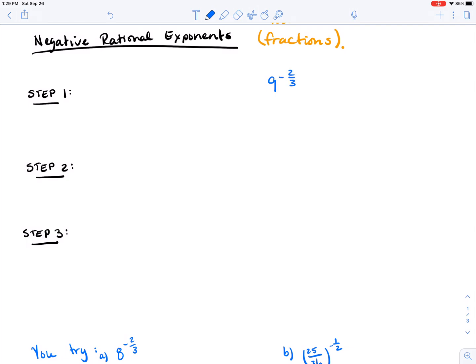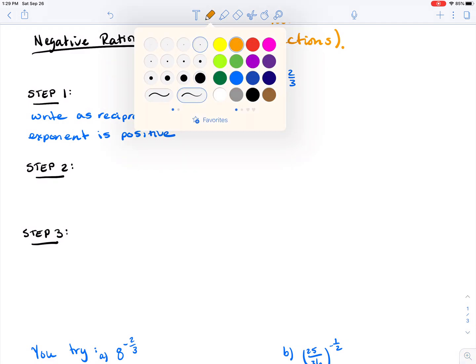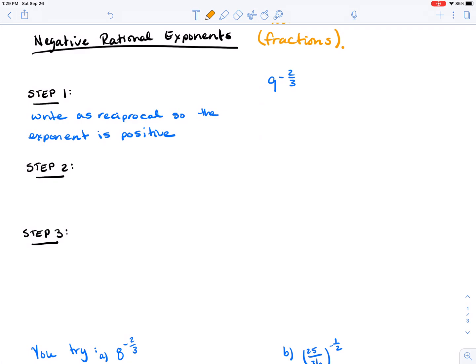Now the first step is to write as the reciprocal, so the exponent is positive. So that means our 9 to the negative 2/3 becomes 1 over 9 to the 2/3.